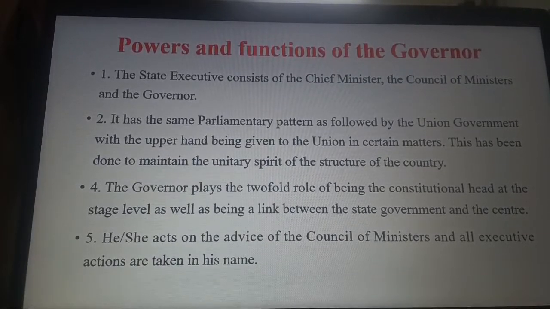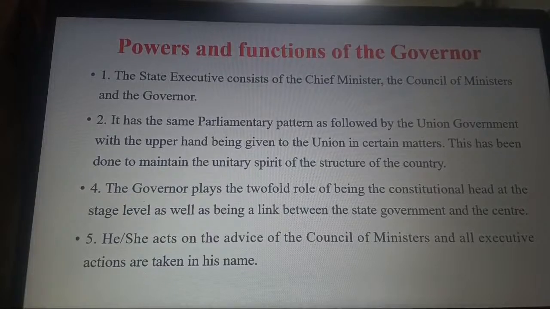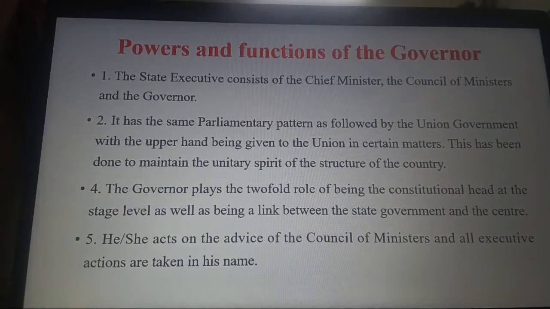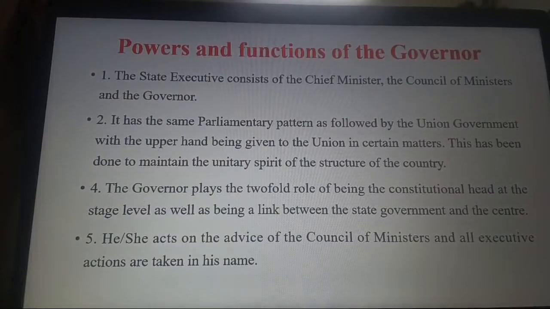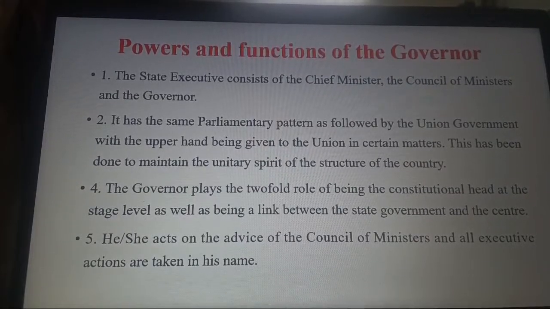The Governor plays the twofold role of being the constitutional head at the state level as well as being a link between the state government and the center. He or she acts on the advice of the Council of Ministers and all executive actions are taken in his name.